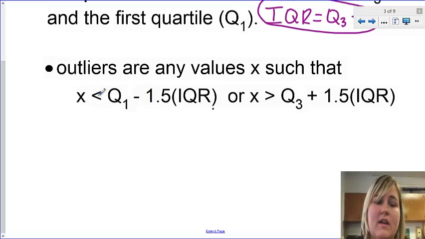The 1.5 IQR stays the same in both. If it's on the upper end, if it's a big number that doesn't look like it belongs, we can test it by seeing if it is greater than the third quartile, which is on the upper end, plus the 1.5 IQR. So if it's on the upper end, it's greater than and plus. Lower end, it's less than and minus. So you need to make sure that's in your notes too.